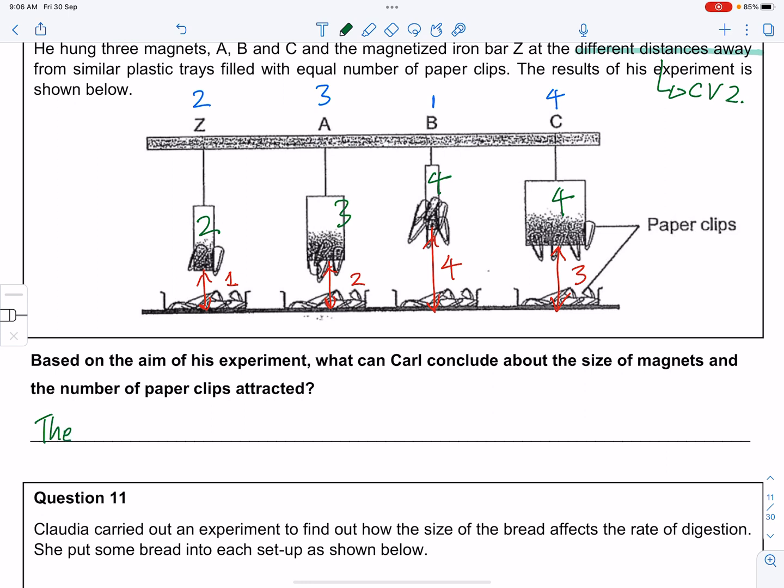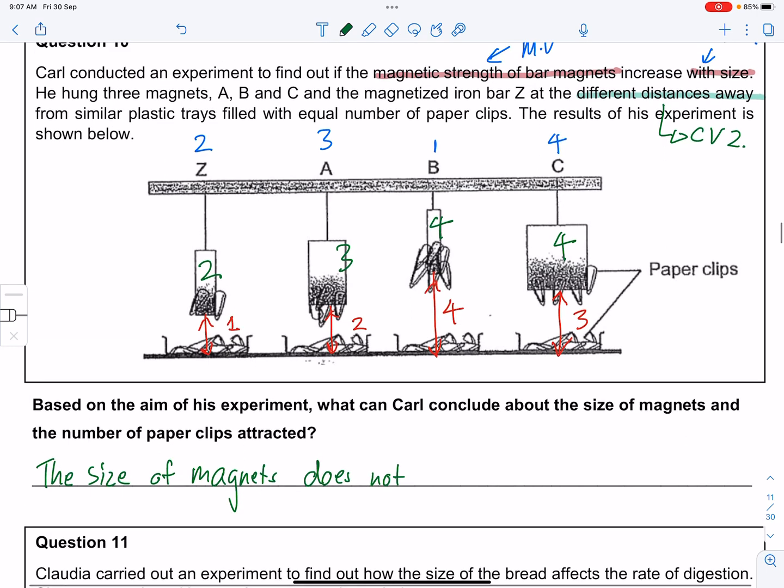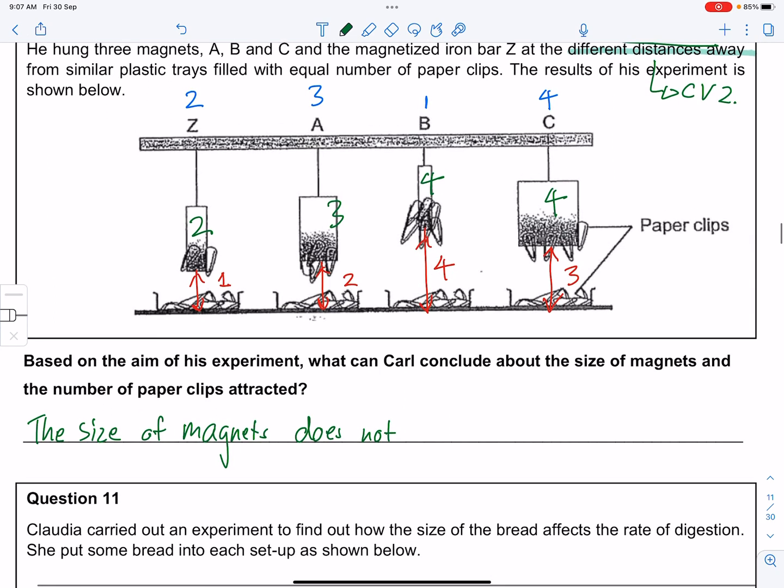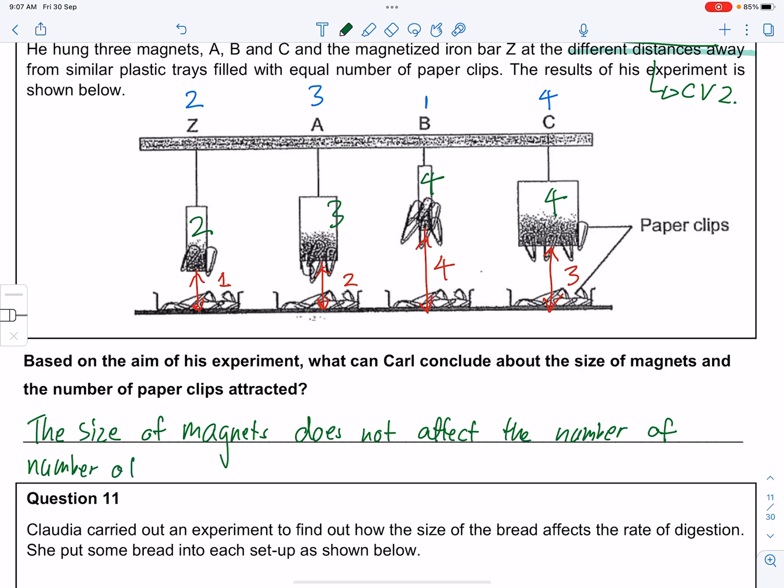So the size of magnet does not affect, or does not increase, the number of paper clips attracted.